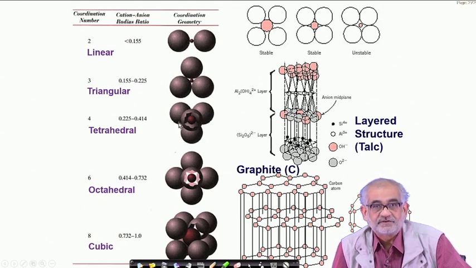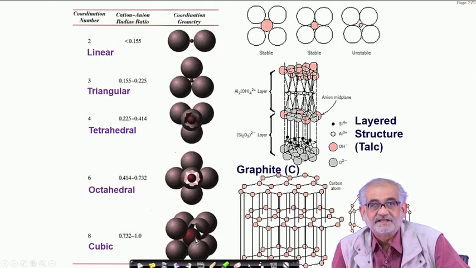We can think of a situation where four similar sized spheres accommodate a smaller species in their centroidal position, which gives a tetrahedral coordination to the smaller atom in between. Or we can have an octahedral with 6 nearest neighbors, or a cubic coordination with 8 neighbors. This is another way of looking at structures without going into three-dimensional periodicity.